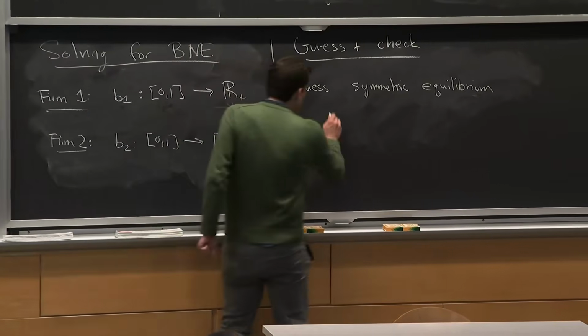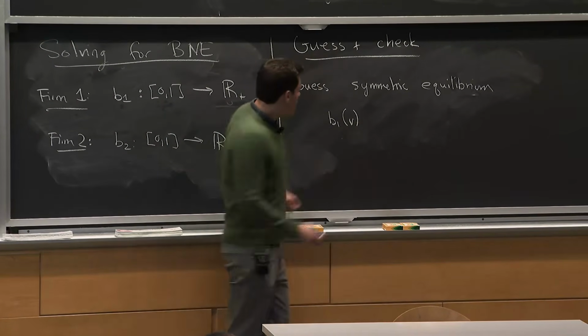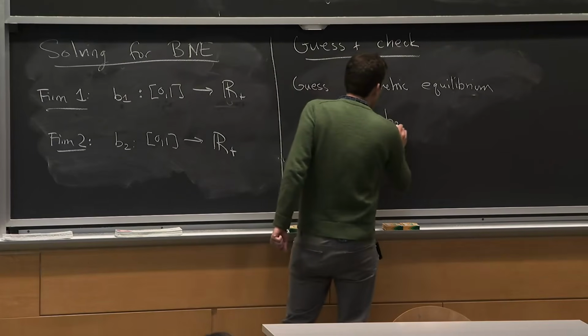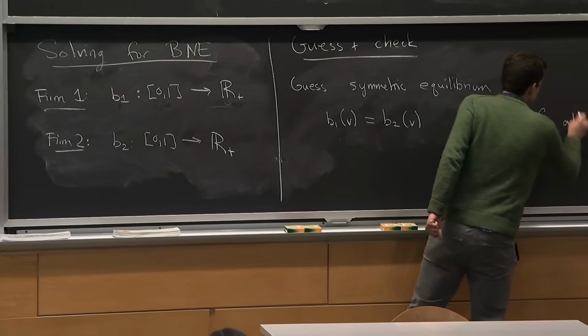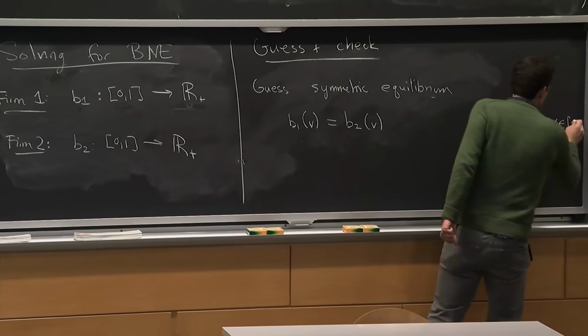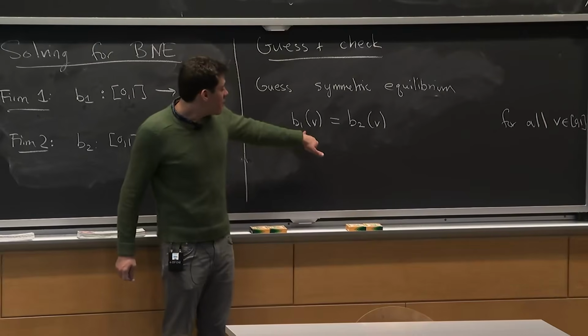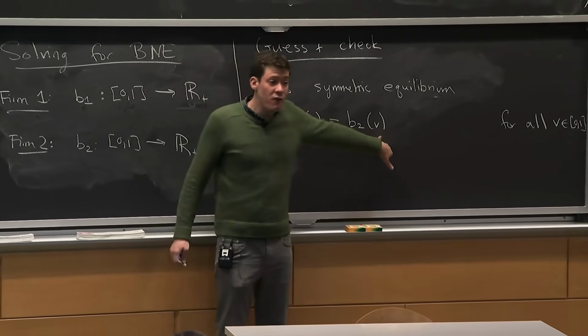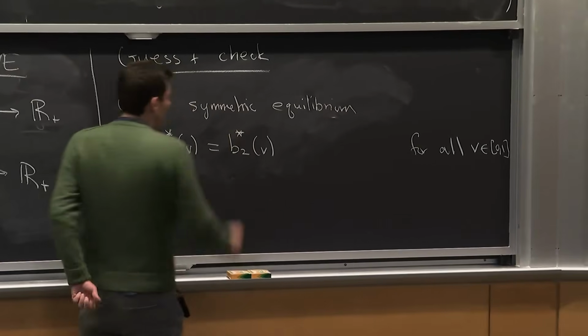So in a symmetric equilibrium, B1 of V, I'll just use V to denote generic value, equals B2 of V for all V. So this says if bidder 1's valuation is V, the amount that she bids is the same that bidder 2 bids if her valuation is V. Maybe I'll put stars here to show that this is an equilibrium.